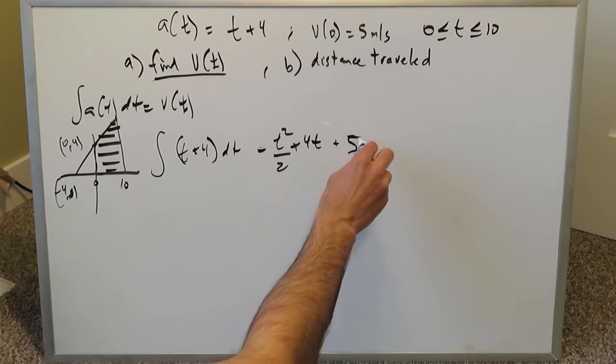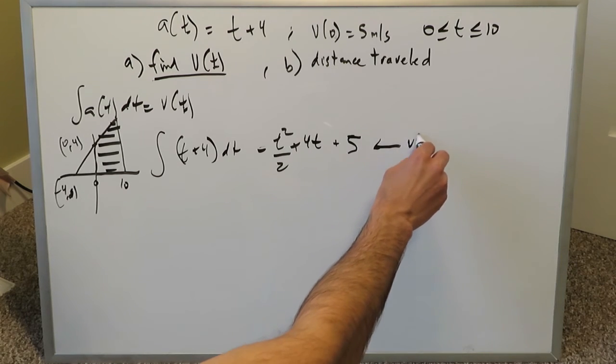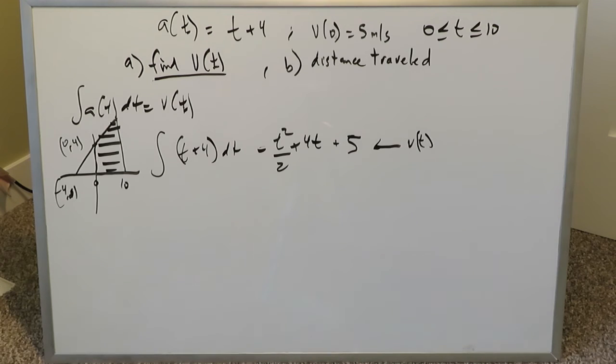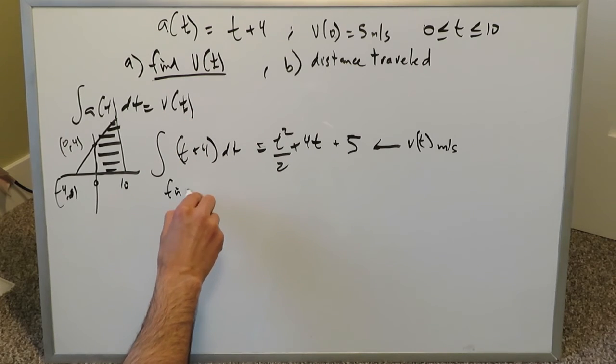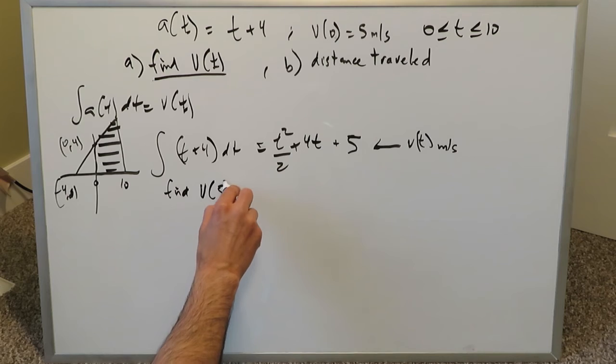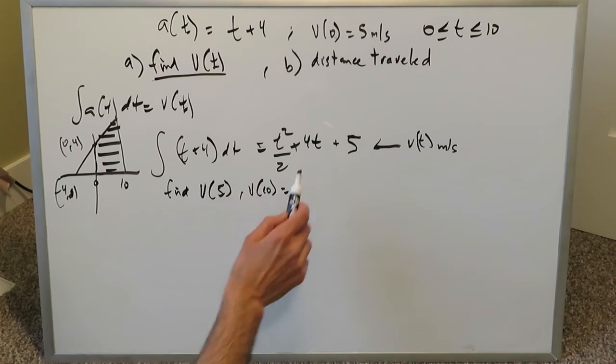And this right here, t squared over 2 plus 4t plus 5, would give you your velocity function, and your answer would be provided in meters per second. So if supposedly the question were to ask a modification of this, find velocity, let's just say at time 5 seconds, and let's find velocity at time 10 seconds, it wouldn't be hard.